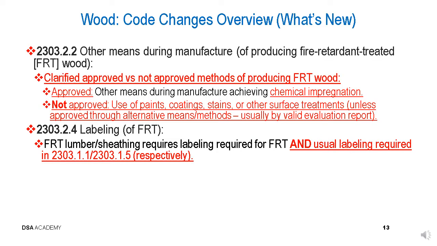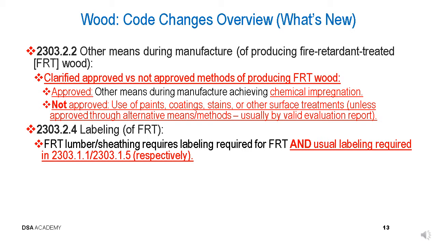Changes in 2303.2 regarding the manufacturing of fire retardant treated wood. They've clarified approved versus not approved methods of producing fire retardant wood, that the manufacturing has to achieve chemical impregnation. It's not approved to use paints, coatings, stains, or other surface treatments unless those are approved by a valid ICC or other recognized approval report.